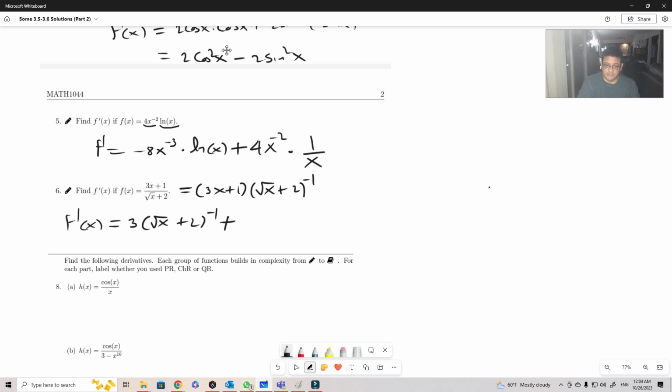And now for the second one, it will be this one without taking any derivatives, and the derivative of this. The derivative of this is put down the minus, and then to the minus 2, but times the derivative of the inner function, which will be 1 over 2 square root of x plus 0. So this is the general derivative in this scenario.